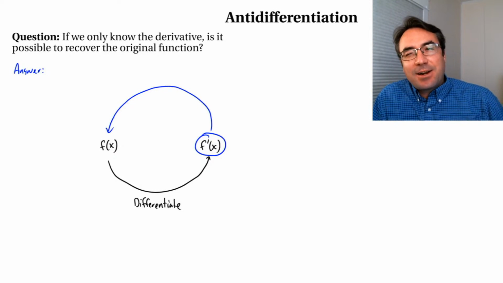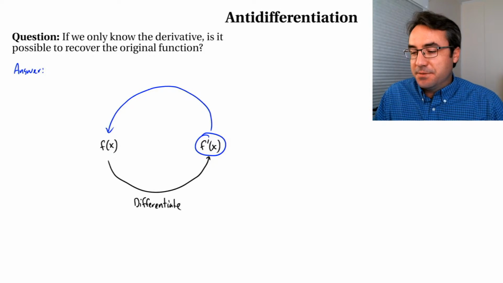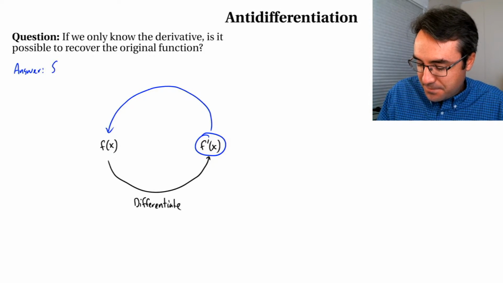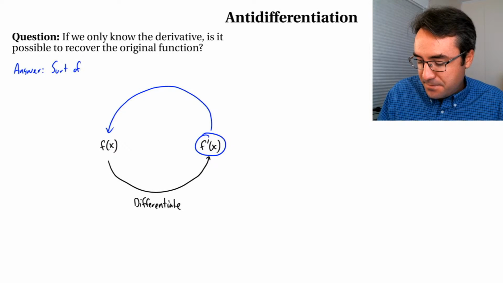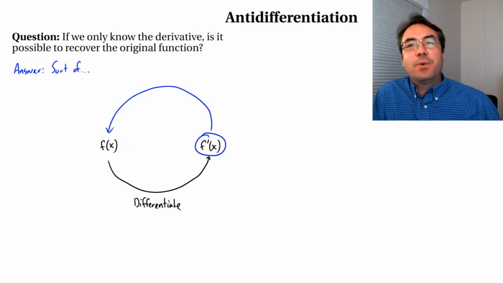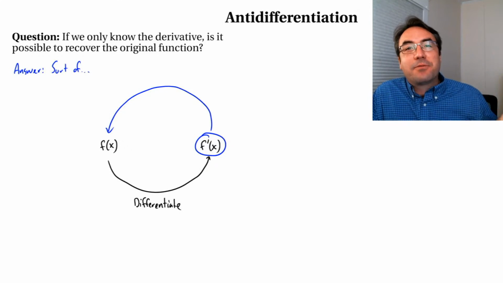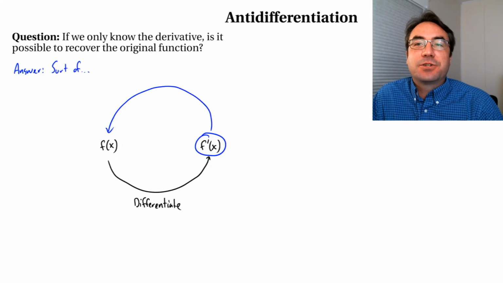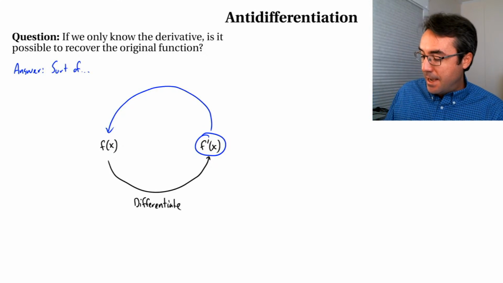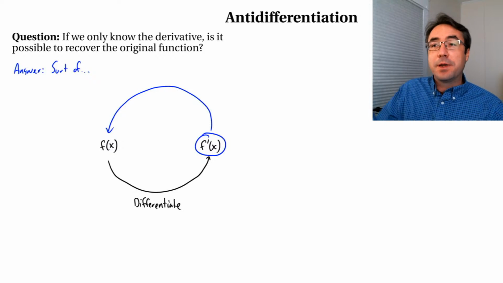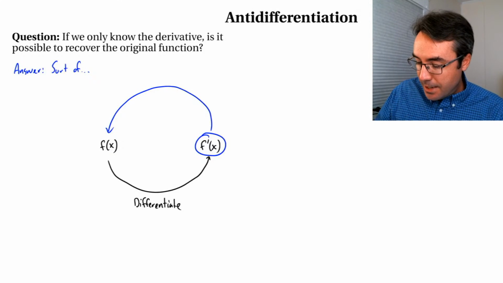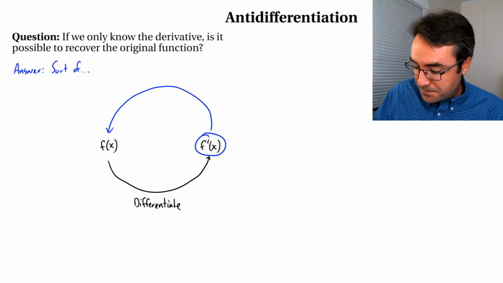It's not quite, but we can get pretty close. So we can do pretty well, but we can't quite recover the exact original function, and we'll see why in a little bit. But we're going to call this process of going backwards anti-differentiation.